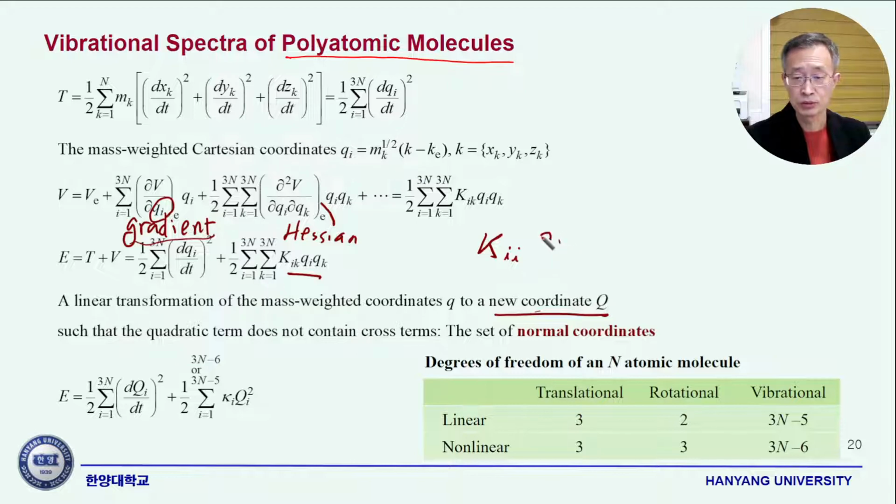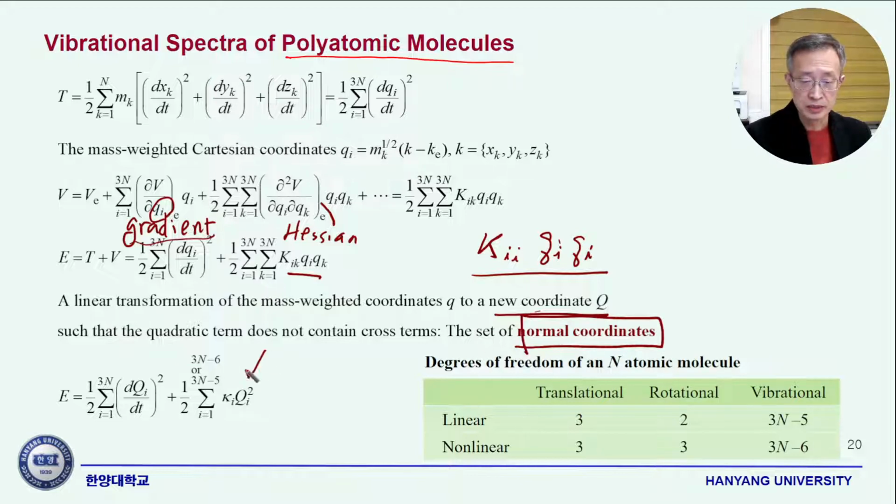So Q_i is like that, and all are just the diagonal terms, with no off-diagonal terms here. That we call a normal coordinate, the capital Q here.